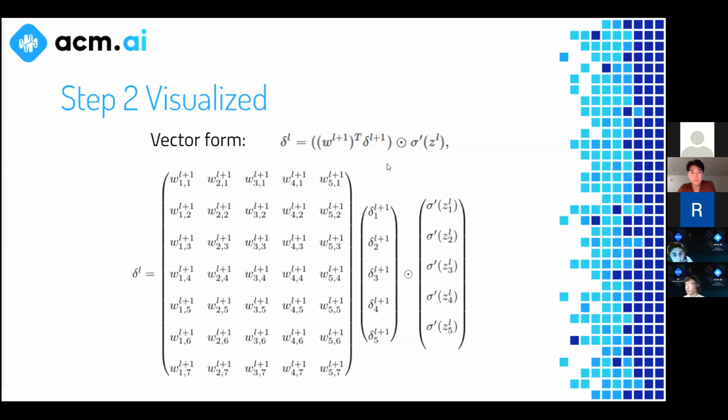A good hint is that these are the errors of the L plus 1 layer, and there are 5 of them, and each neuron needs to have an error. Someone said 5 and 5. That's almost right. Yeah, it's 7 and 5. Do you want to explain why?